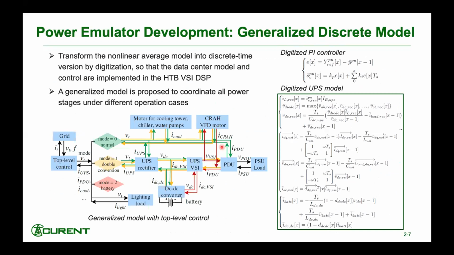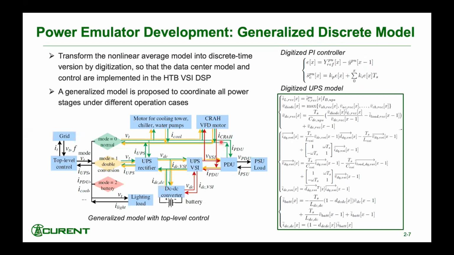And the second step is to derive the discrete model that is compatible with the HCB. We know that the data center power emulator will be implemented in the HCB, and all the data center model and control functions are implemented in the VSI converter DSP controller.